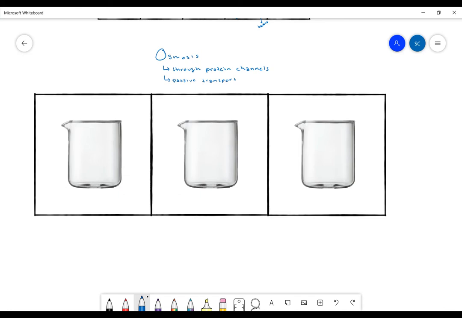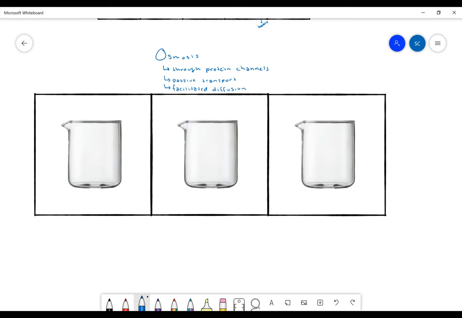Okay, it is also facilitated diffusion. Okay, again, that facilitated doesn't mean energy, it means the use of a protein. Okay, so the protein helps open up that cell membrane a little bit to let in your hydrophilic molecules.